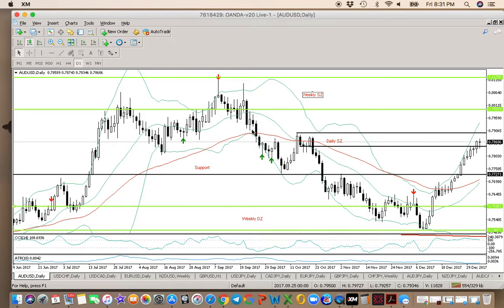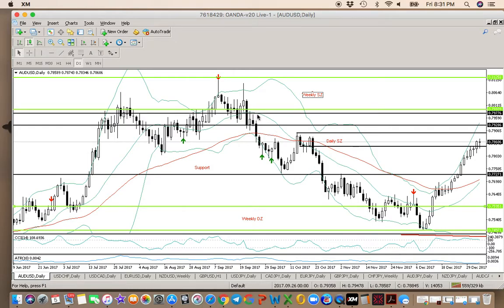This area, this was an inside bar as well. I'll plot that on here. This is an inside bar on the daily, so I'll watch that area as well.